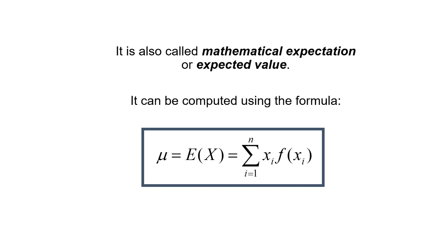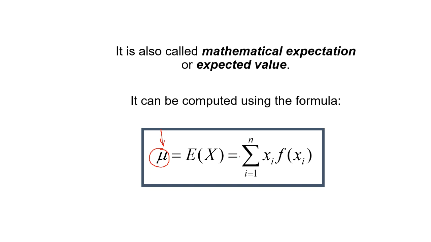It can be computed using the formula mu, which is equivalent to E of X. As we know from the previous discussions for the first exam discussion, this is the notation of the mean.